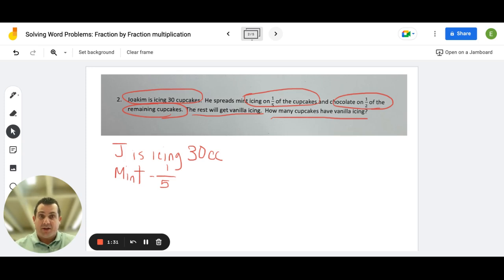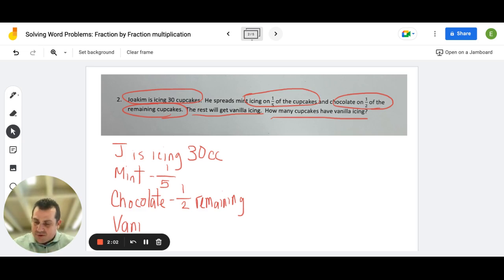And chocolate on 1/2 of the remaining cupcakes. So chocolate, right? Chocolate on 1/2 of the remaining cupcakes, okay? And then the rest will get vanilla, okay? And so I'm just going to put here vanilla, all right, with the question mark.